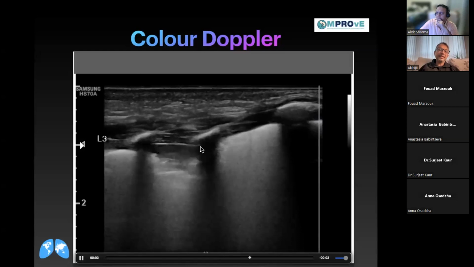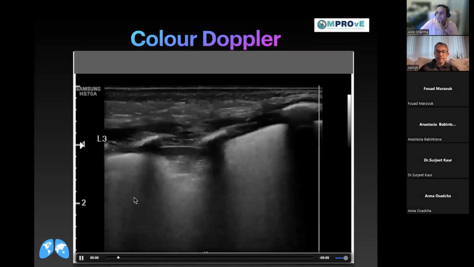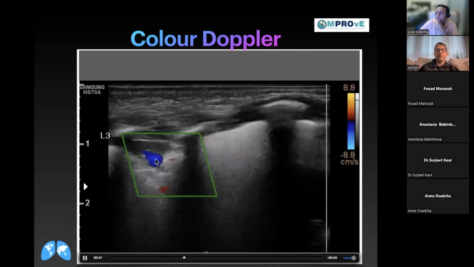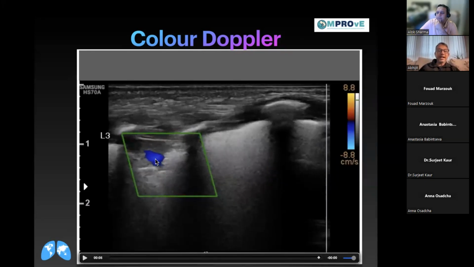You can say that something is here, but you don't see that coarse kind of consolidation which you just saw in the previous slides. So it's a very initial stage here, and the only way to know that it is not collapse and it is a consolidation is by interrogating the area with the Doppler, which will clearly show you that there is a big throbbing vessel there. And so the suspicion for pneumonia is quite high.